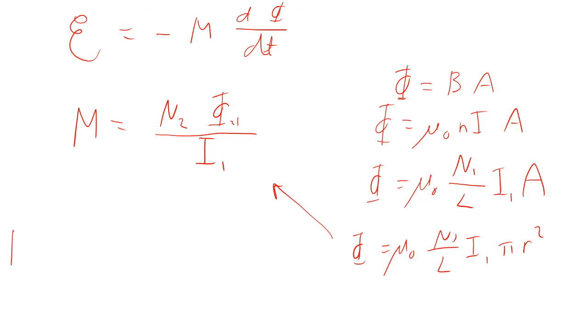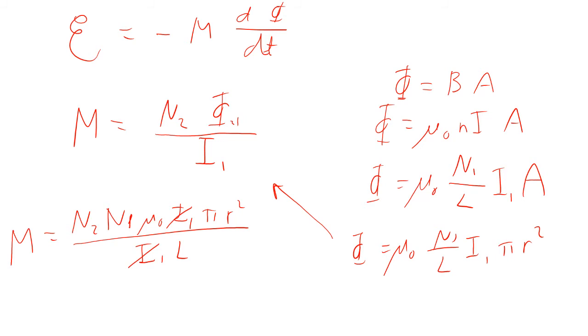Okay, so all we have to do is plug that into M. So M is N2 times N1 times mu naught times I1 times pi times r squared divided by I1 and L. And so the I1s cancel.